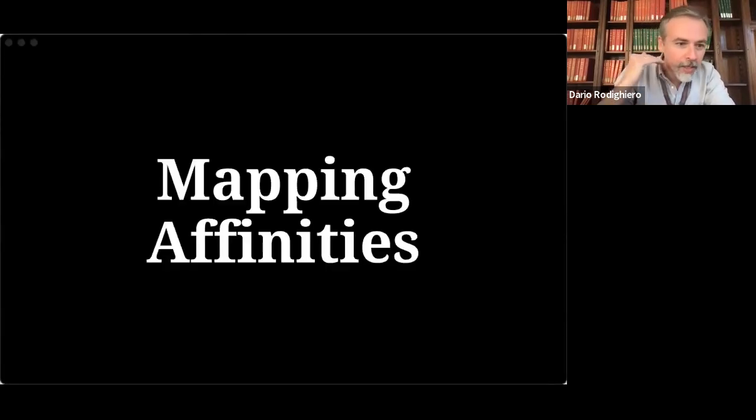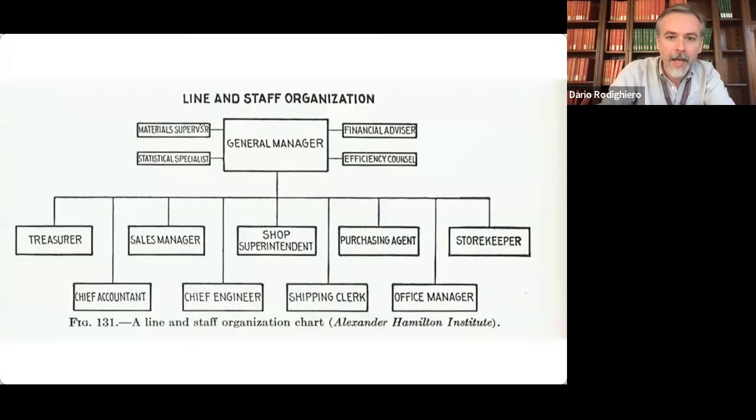Just to continue, let's move quickly to my doctoral studies. When I was asked to join EPFL, I developed a project called Mapping Affinities, and everything is based on the idea that organigrams are very old and are always based on the same shape.